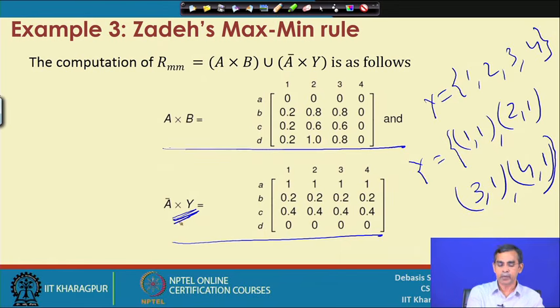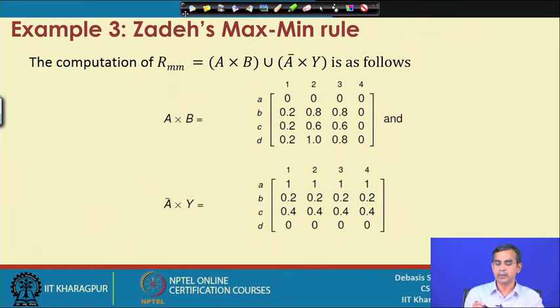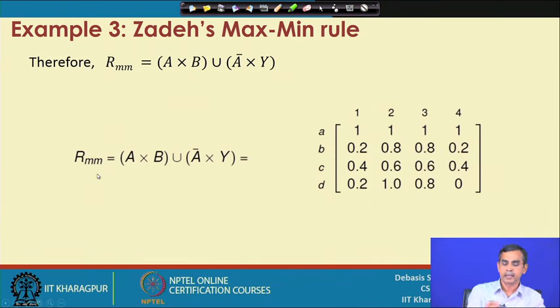Then we can take the Cartesian product of A complement and Y, taking the min of this one, and this kind of matrix can be obtained. I hope you have understood how this can be calculated. Once A cross B and A cross Y are known to us, we will be able to obtain the final matrix, that is basically a relation matrix, and the relation matrix will take this form.